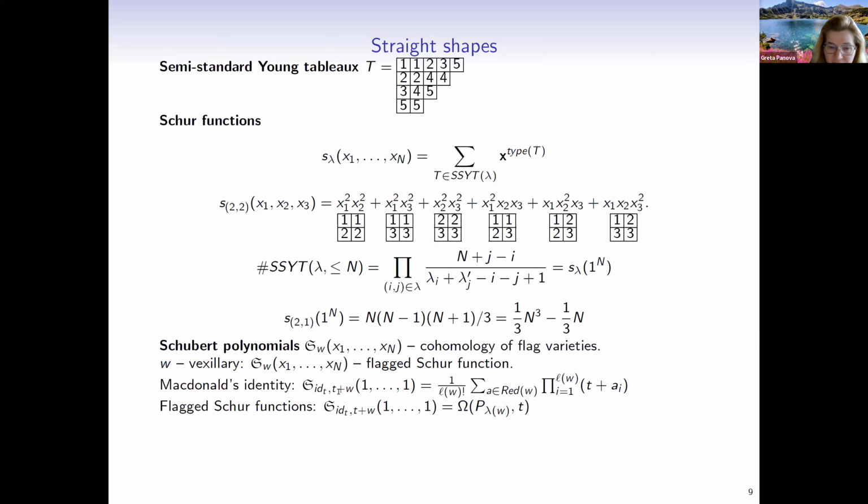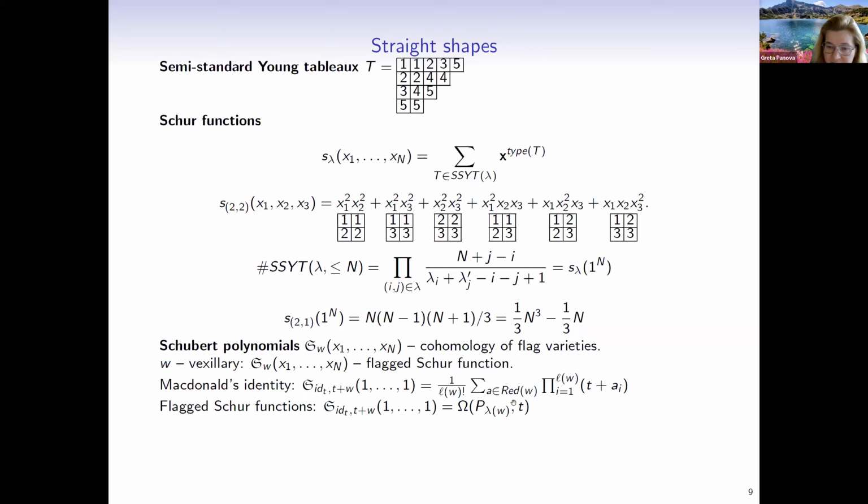If you take a Schubert polynomial of the identity permutation 1 and so on up to t, with some other permutation W, which you shift and attach at the end, so you shift the entries by t and attach the disordered part of the permutation at the end, then you can evaluate this as 1 over the number of inversions of W, summed over all reduced words, so ways to write W as a product of adjacent transpositions.